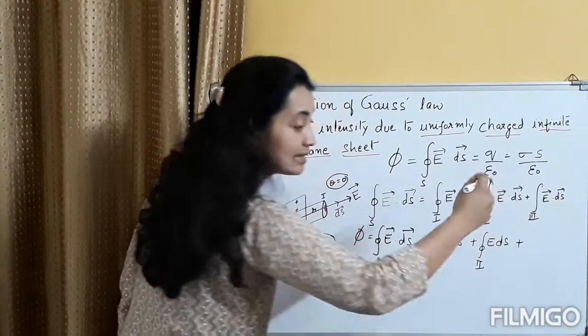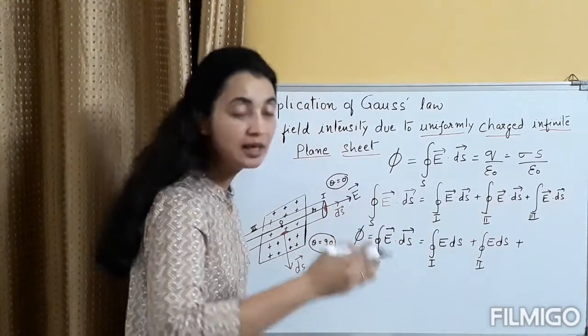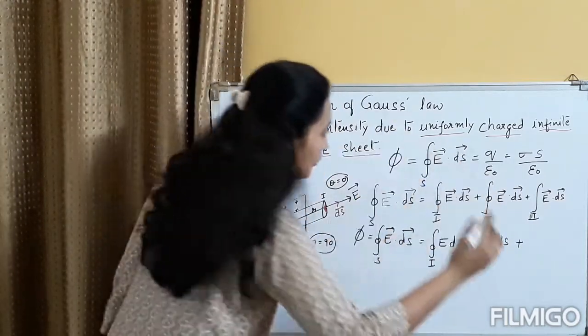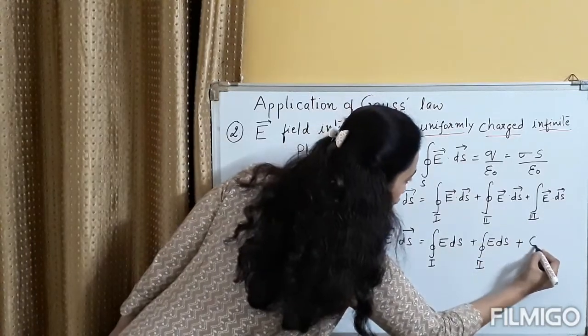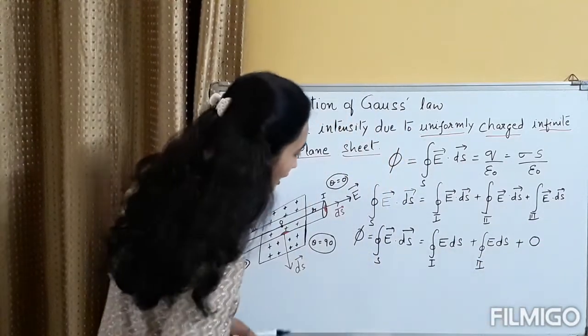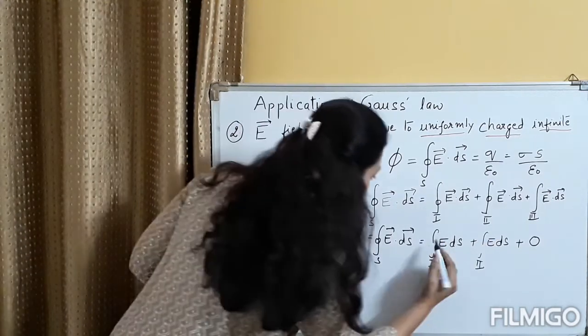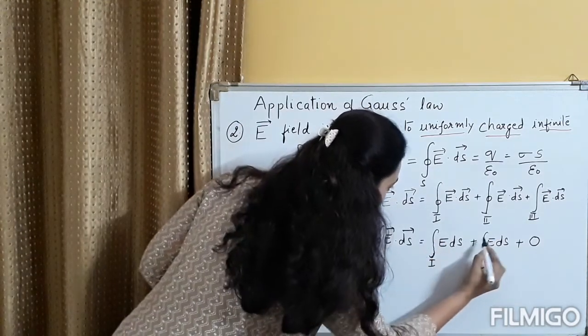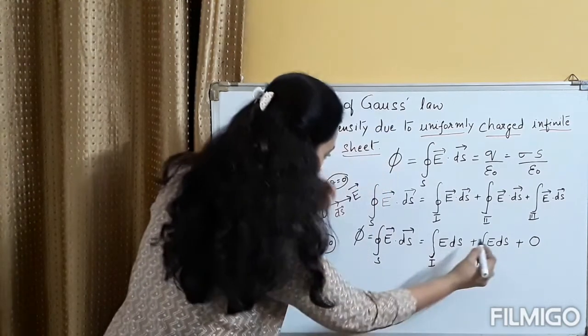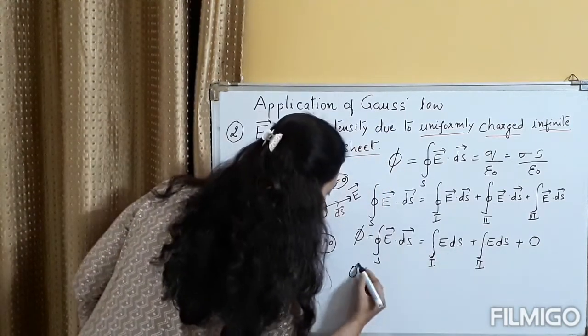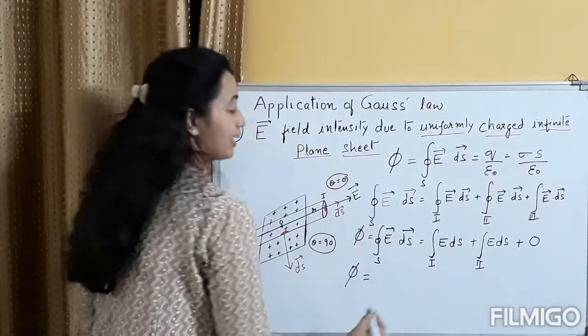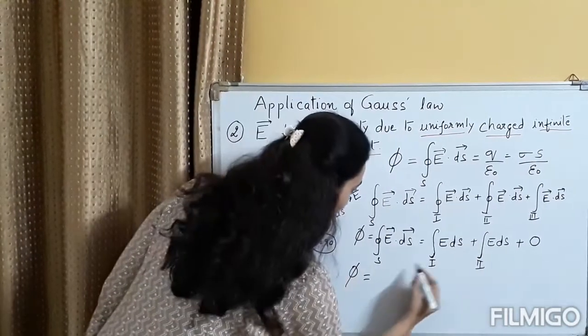E dot ds is written as E ds cos 90, and because cos 90 is 0, the whole term vanishes. We can mark it in parts, so we will not write the complete integral here, we will write it as E ds and E ds. So what are we getting in the next term? We are getting 2 times E ds.